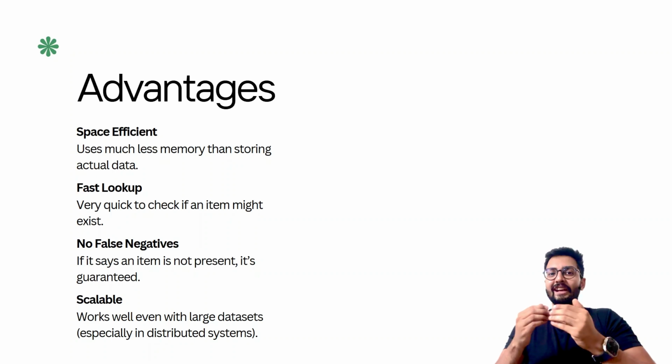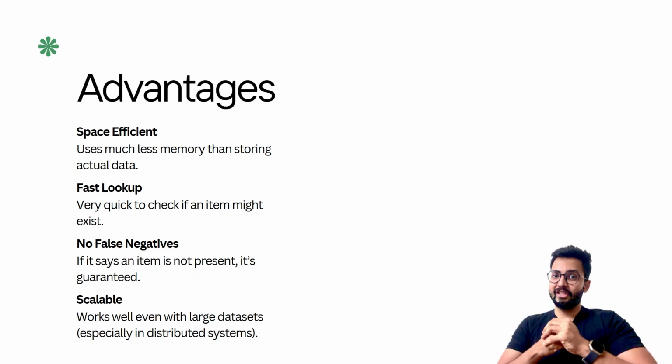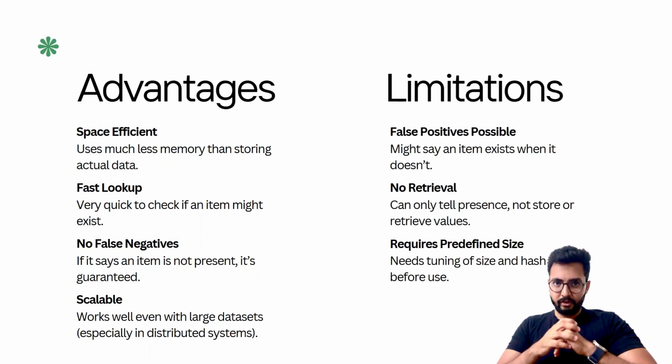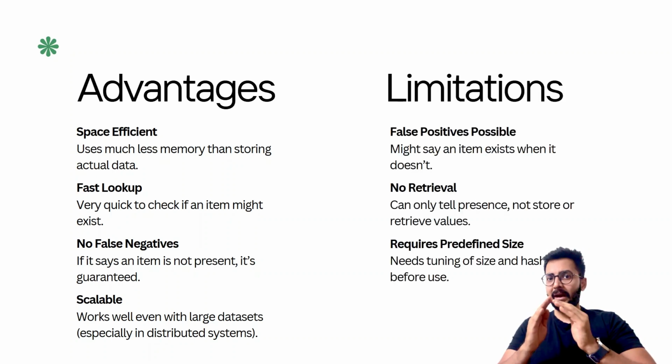But of course, like any technology, there are limitations in this as well. First, they can give false positives. This means the filter might say an item exists even when it actually doesn't. It's a trade off for that space and speed. Second, you can't retrieve actual values from it, because Bloom filters only tell you whether an item might be present.